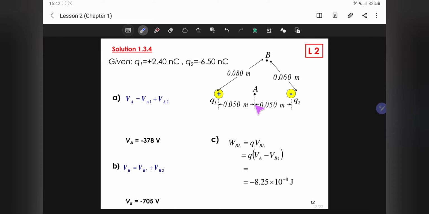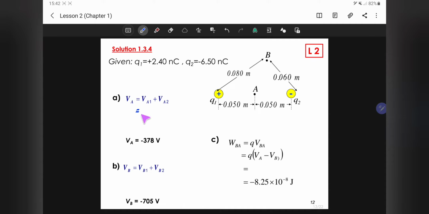They ask you to find the potential at A. Remember, the potential at A is due to Q1 and also Q2. So V on A equals V on A by Q1 plus V on A by Q2. Again, we just expand the question.